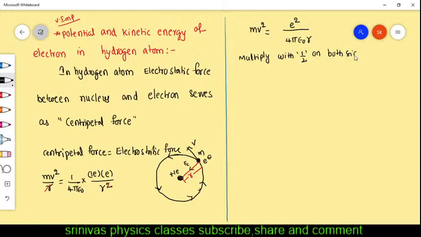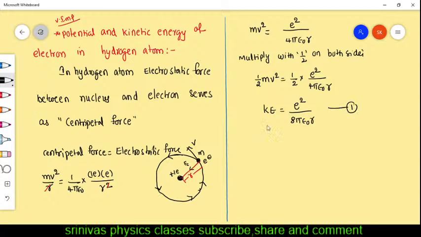Then half mv square is equal to half into e square by 4 pi epsilon naught r. Now half mv square is the kinetic energy. So the kinetic energy formula we get is e square by 8 pi epsilon naught r.